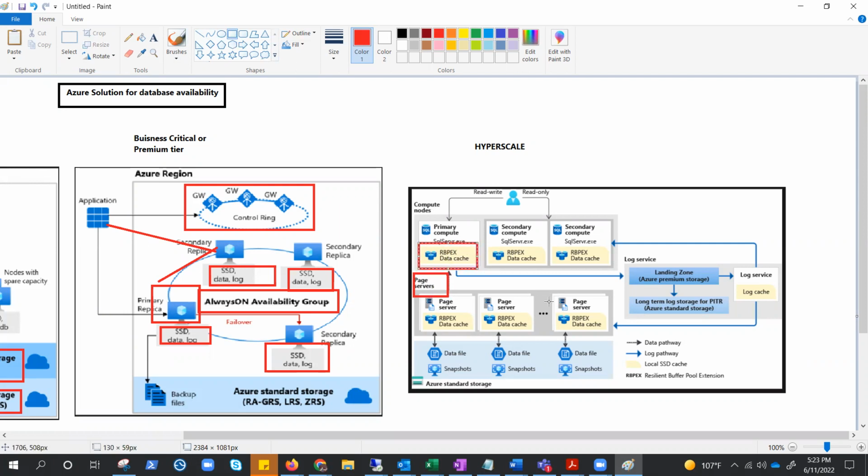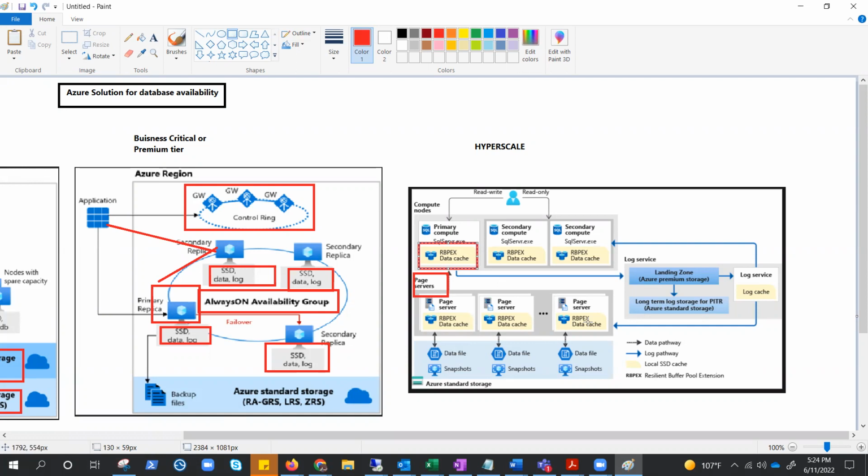It's a tiered layer of cache and page servers to expand the ability to quickly access database pages without having to access the data file directly. I hope you got the point. Because this architecture uses paired page servers, you can scale horizontally, as you can see, right? 1, 2, 3, horizontally.